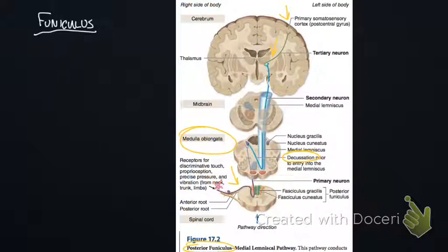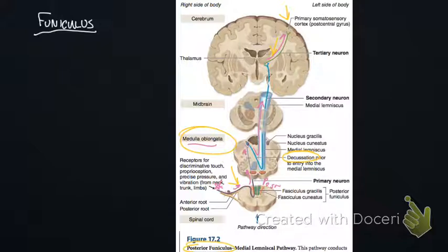So it starts down here, and you see this is the posterior side. So this is a sensory nerve axon that's taking information up through a specific tract in the spinal cord, and then as it moves further up, and this is in the medulla oblongata, it's traveling through interneurons and then all the way up into a part of the brain.